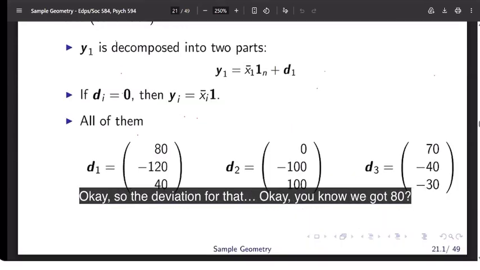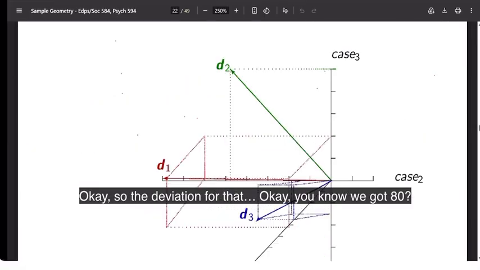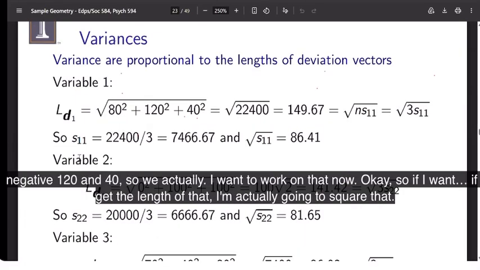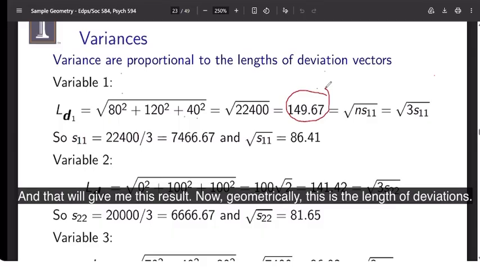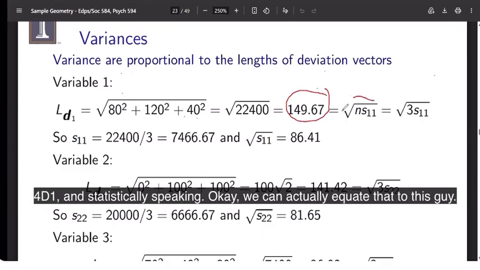So we want to work on that now. If I get the length of that, I'm going to square it and that will give me this result. Geometrically, this is the length of deviation for D1, and statistically speaking, we can equate that to this guy.